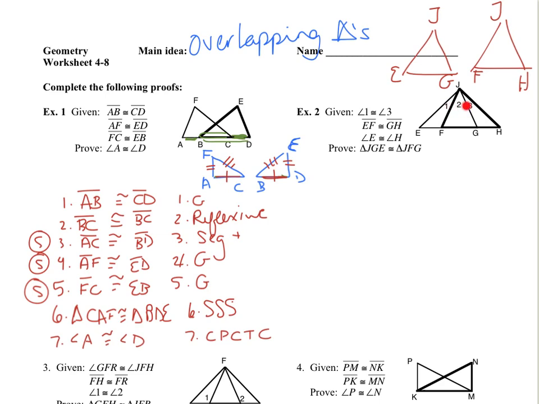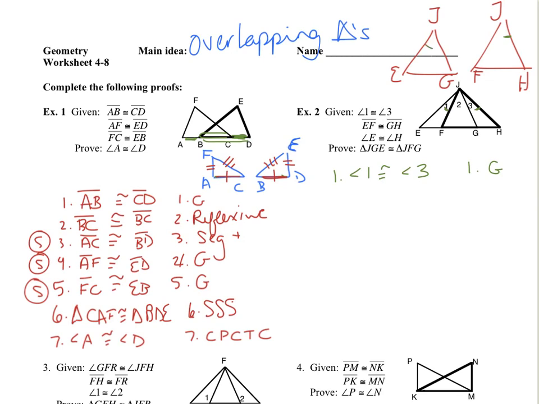So angles 1 and 2 make up angle J in this triangle, and angles 2 and 3 make up angle J in this triangle. So I have to be careful there. So number 1, angle 1 is congruent to angle 3. That's a given. So I can mark that on my picture, but I'm not going to mark the whole thing.